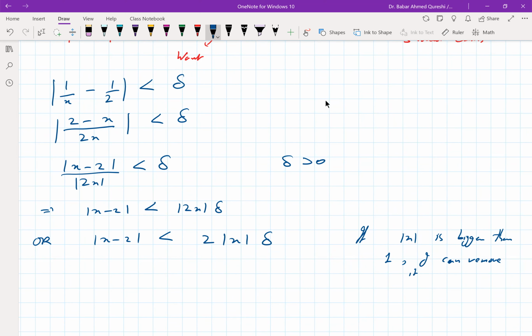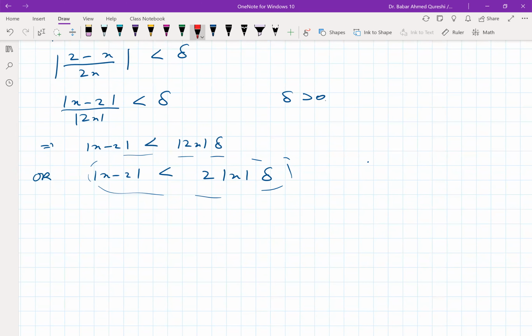Or I should say, let's do it this way. So I need something like this. This gives me an idea that if I look in a small interval around x equal to 2, my limit point, let's say I can consider 1.5 and 2.5. And over there, I have to show this because that's all that matters.